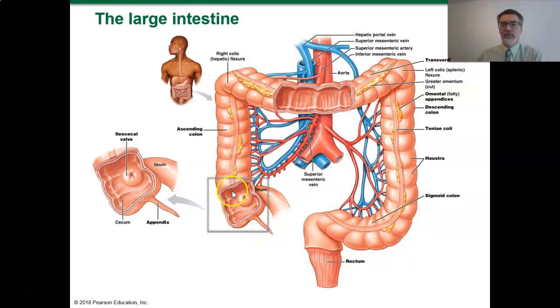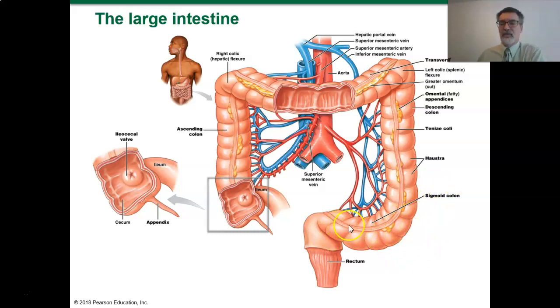Right, as you go up the cecum, we have what's called the ascending colon, going up, the transverse colon, going across the abdominal cavity, the descending colon, going down, a little twist to go posteriorly, the sigmoid colon that ends in the rectum, where we're going to store that fecal matter until we're ready to have a bowel movement.